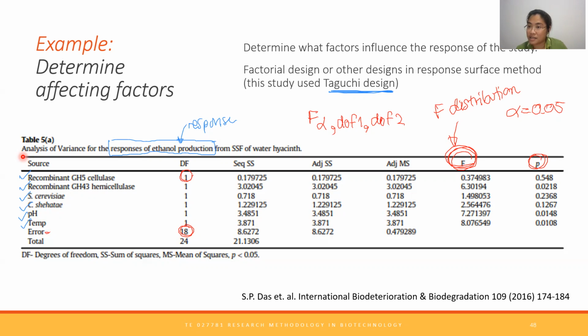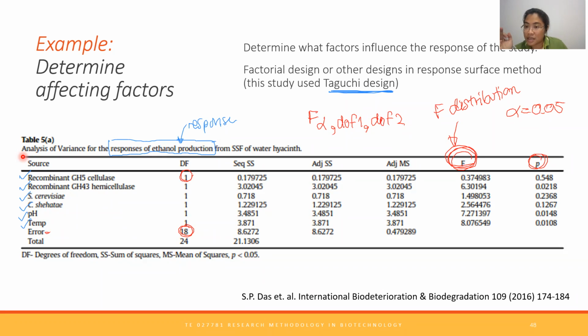If it is less than 0.05, you conveniently say that that factor is significant, so it has an effect on ethanol production, okay? This is like skipping the step.